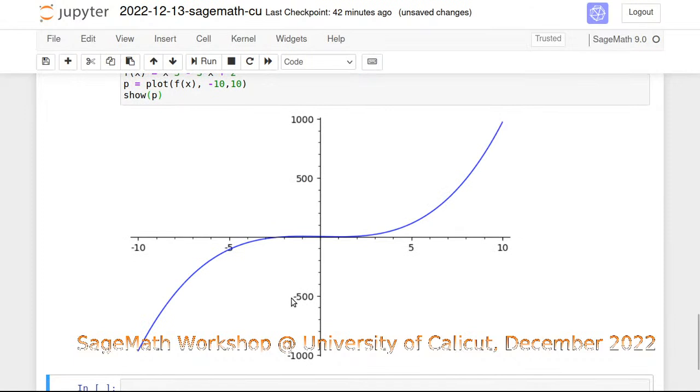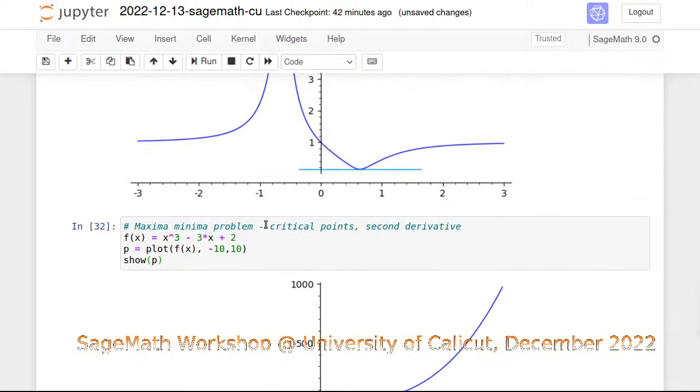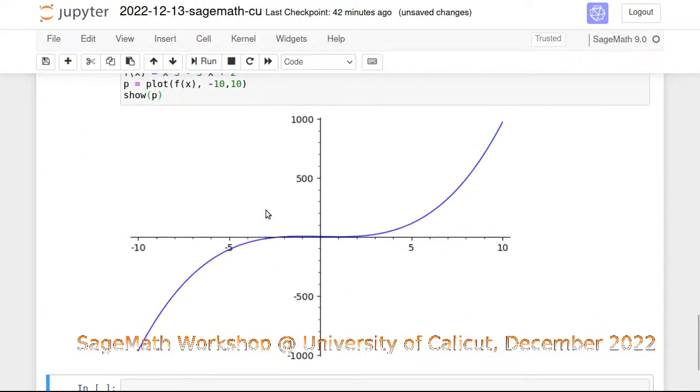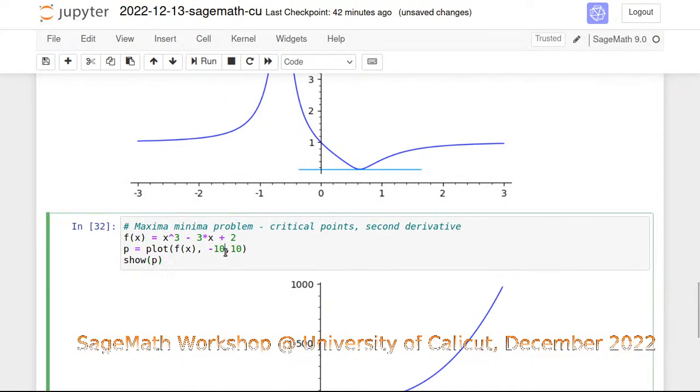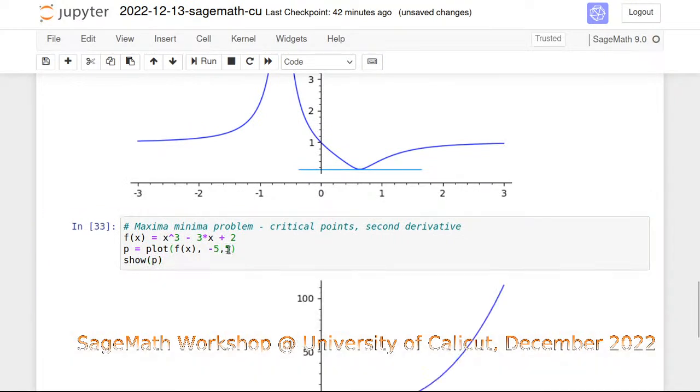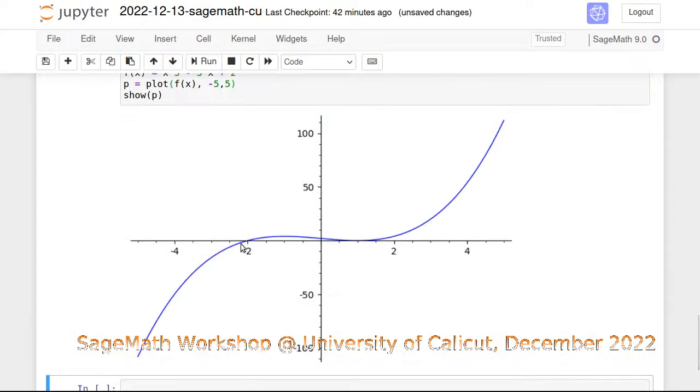It seems that it's crossing the x-axis at least 2 times, within minus 5 and 5. Not only does it cross, the graph becomes horizontal to the x-axis in the range minus 5 to 5. If you want a zoomed look, maybe we can try with minus 5, 5 here. So we have a better picture.